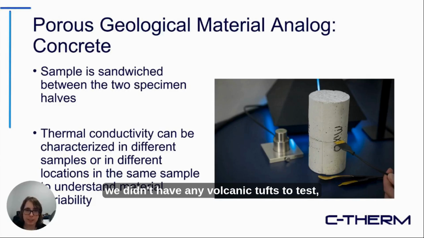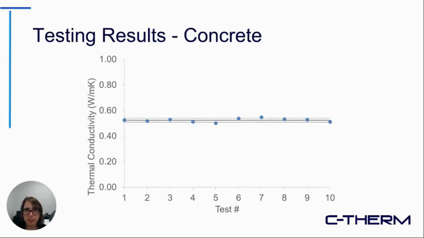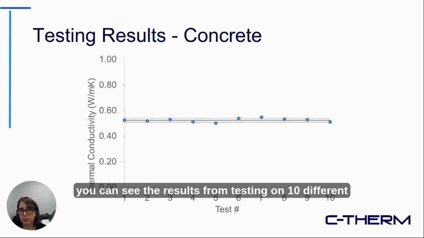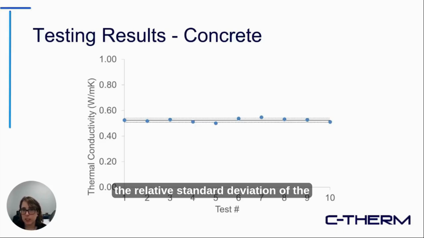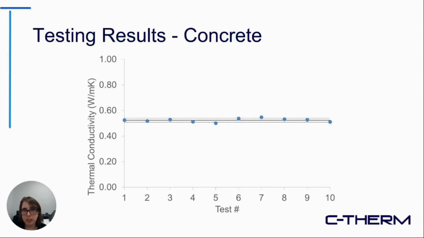So we didn't have any volcanic tuff to test, but concrete makes for a good analog to this kind of a porous geological sample. And in this case, you can see the results from testing on 10 different regions of the concrete material here across 10 different measurements. In this case, the relative standard deviation of the tests is better than 3%.